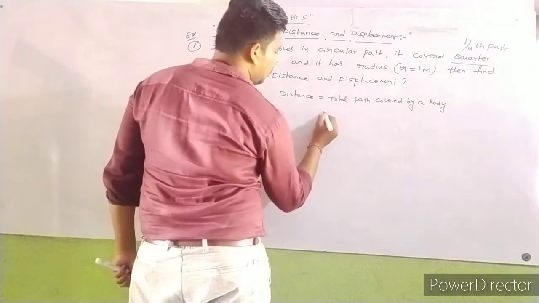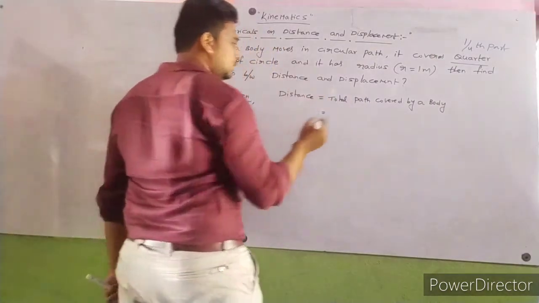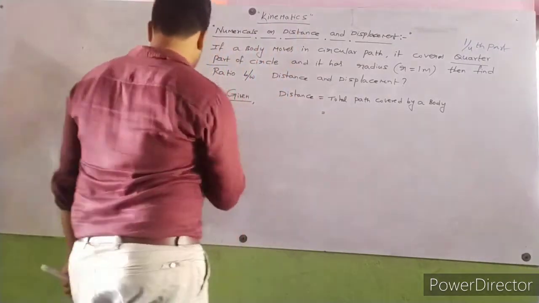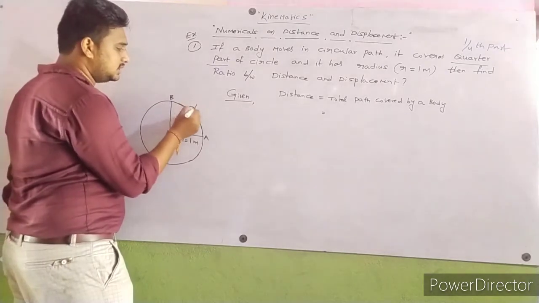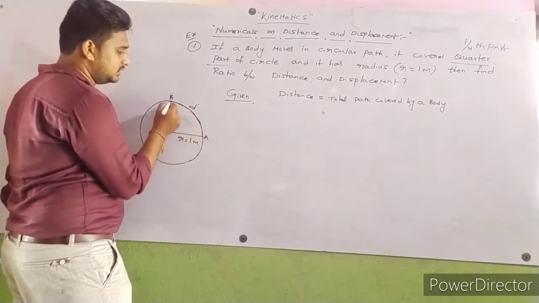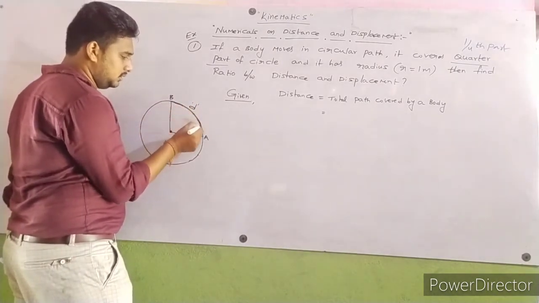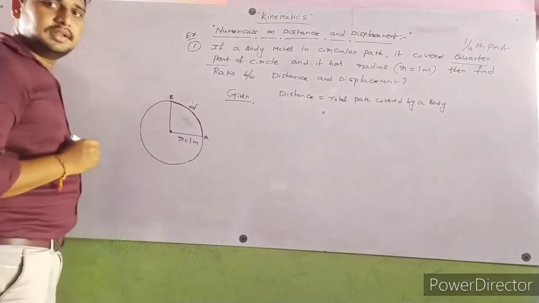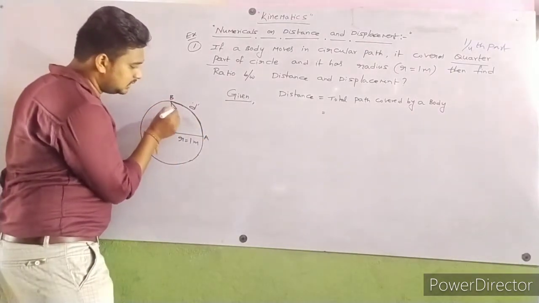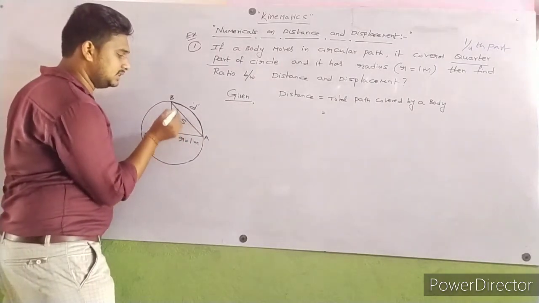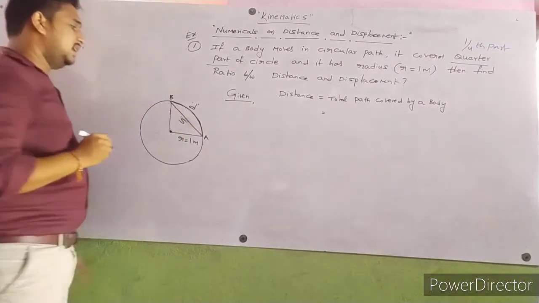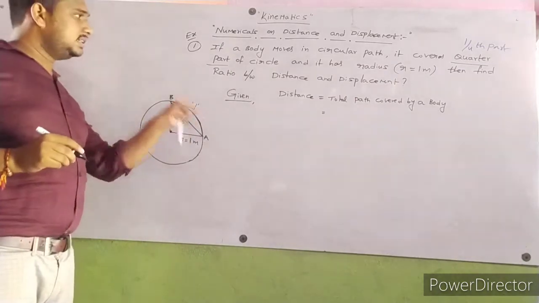Considering this 1 by 4th part, distance I can indicate as d, this part. This is the distance. And this is the displacement, which I'll consider as s. Displacement is s here, distance is d.